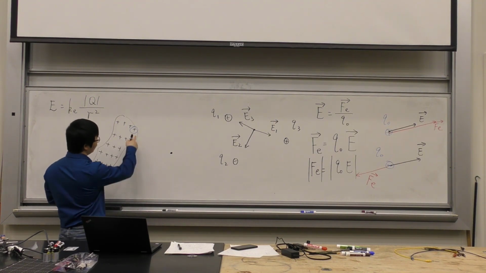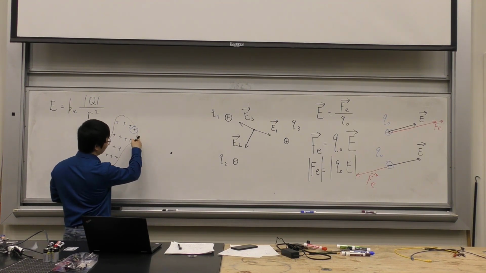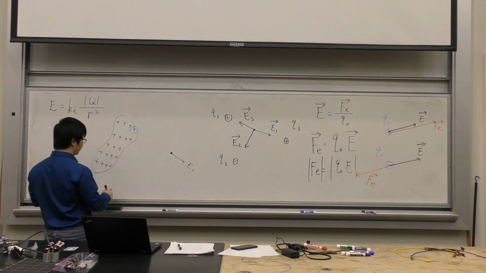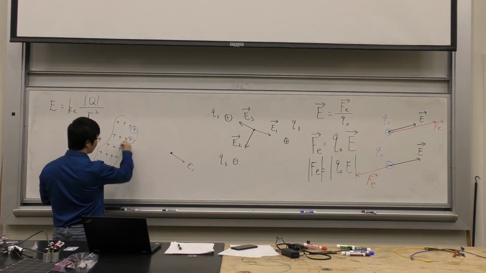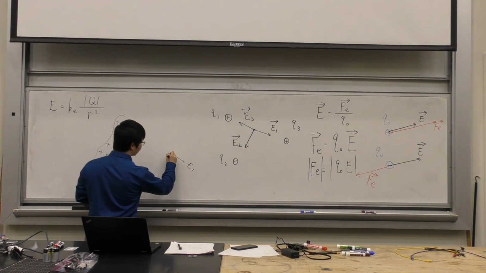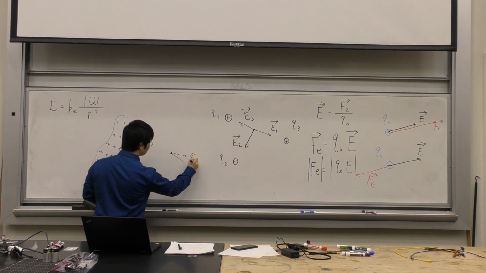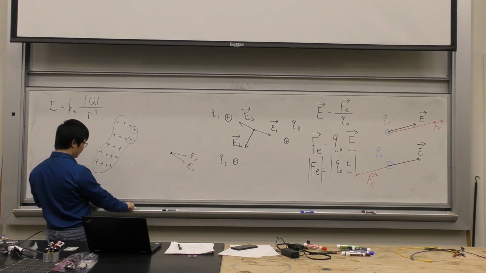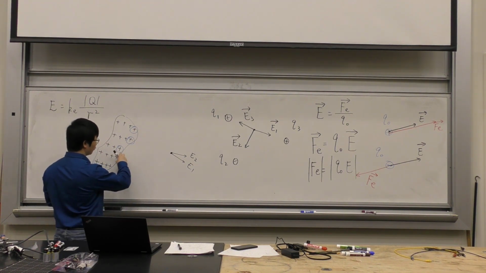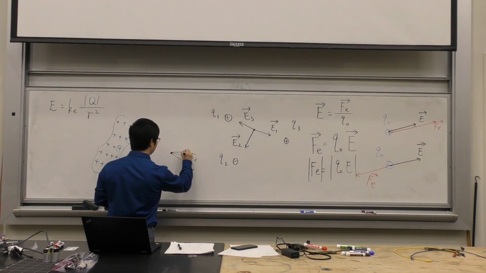I'm going to draw the electric field created by this charge at that point, E1. Then I'm going to do the same thing: pick another one, call it Q2, and draw the electric field at that point. I'll do the same with another point charge, say Q3, and draw the electric field created by that one.